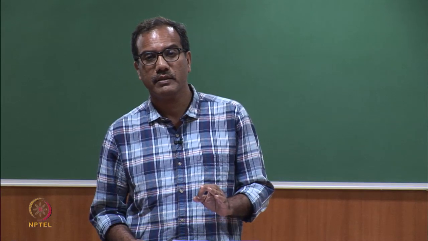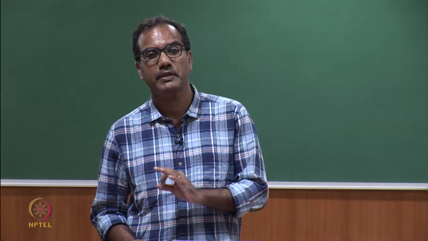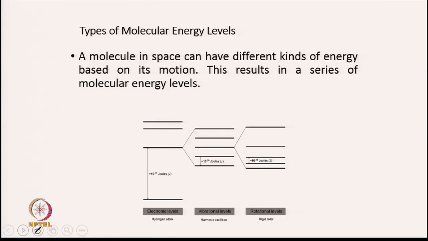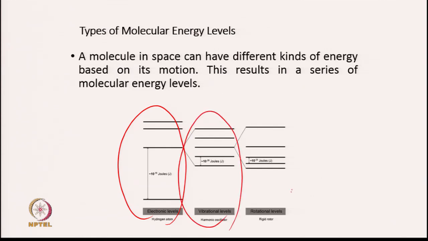associated with different quantized levels. So, depending on motion, the energies can be of different types. You have electronic levels. Within one electronic level, you have vibrational levels, and within one vibrational level, there are several rotational levels.